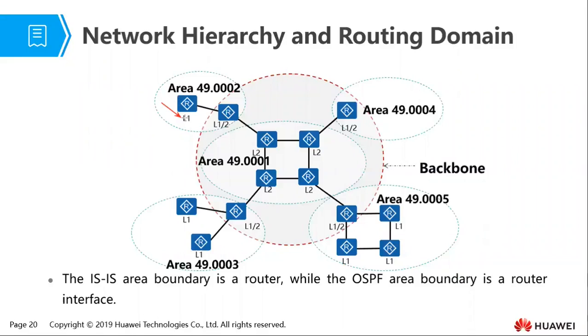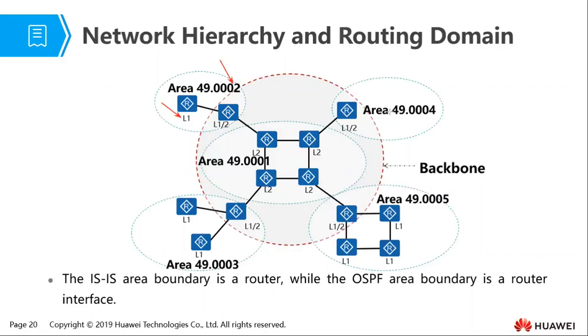Now the level 1 router will only have LSPs of routers in the local area. So inside the routing table of this particular router, you're only going to have routes of other level 1 routers that are within this area. The routing table of a level 1 router cannot contain routes from other areas, only from within the area.